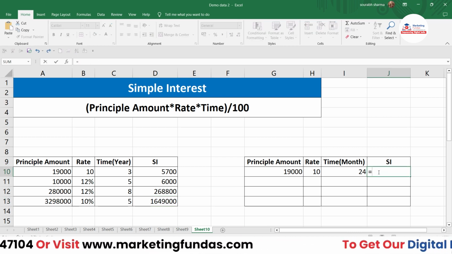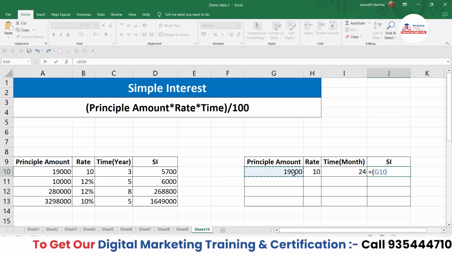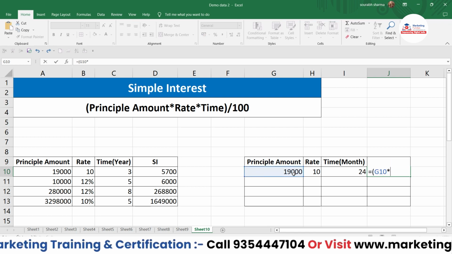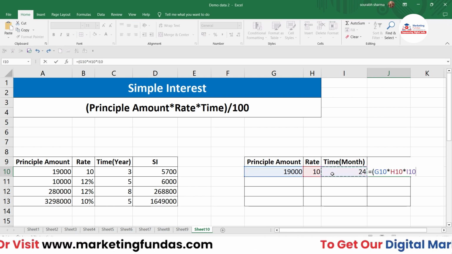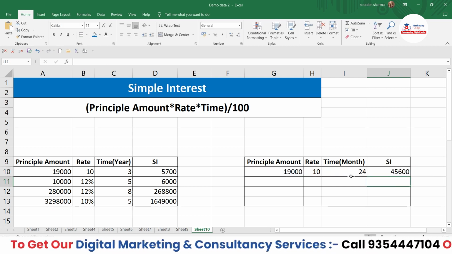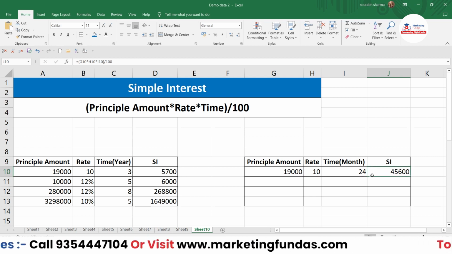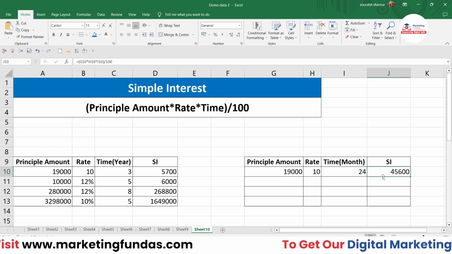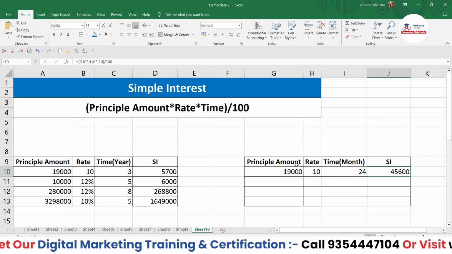We just have to write equals bracket open, principal amount, then into rate, then into month, bracket close, divided by 100, and hit enter. So this will be the amount by the end of 24 months, right? Which is basically higher than this even, right?